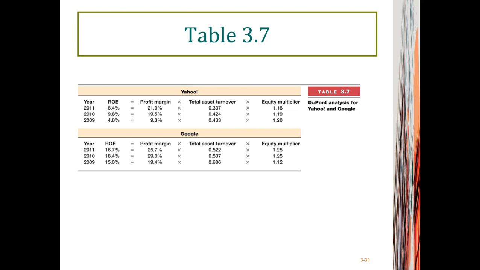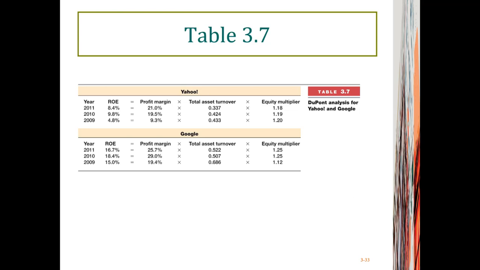Let's compare Yahoo with Google in year 2011. Well, Yahoo has decent ROE, 8.4%, but Google has 16.7% ROE. It's nearly double. So why does Google have such high ROE relative to Yahoo?